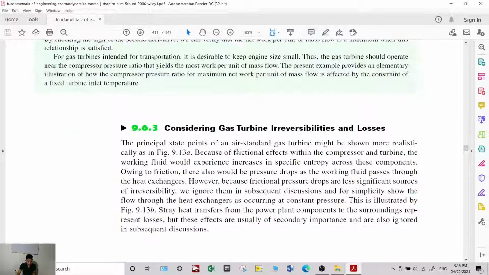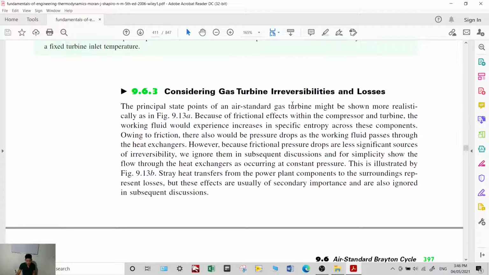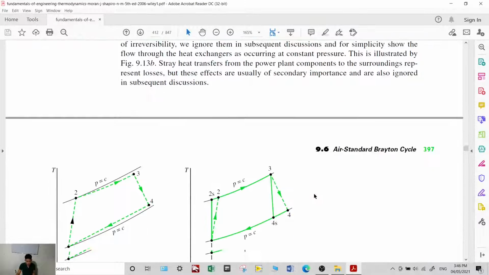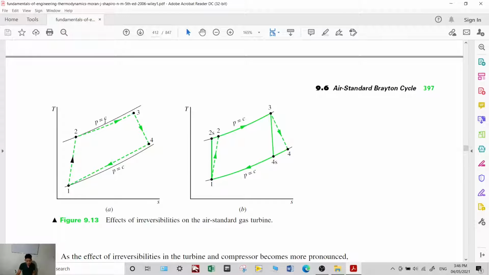Let's proceed with the irreversibilities. Okay, sa imong compressor and turbine processes. For figure 9.13a, this is the actual scenario that would happen sa imong gas turbine.